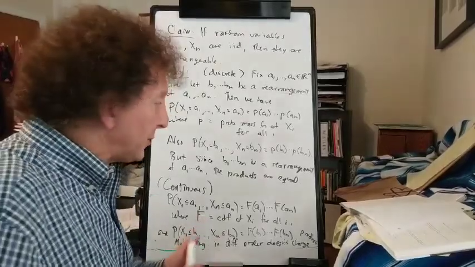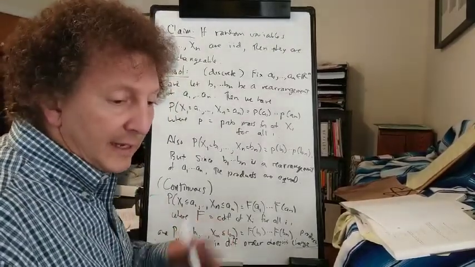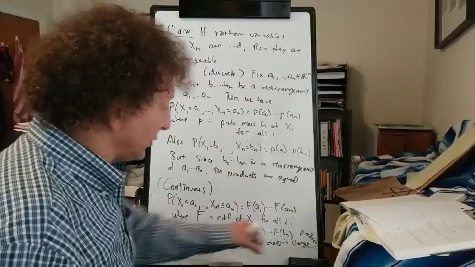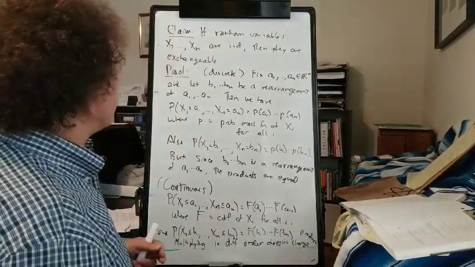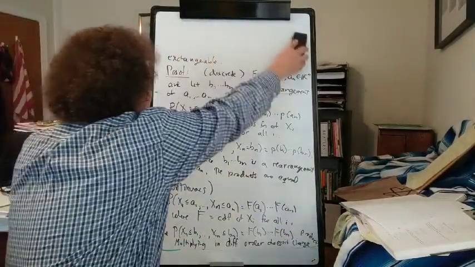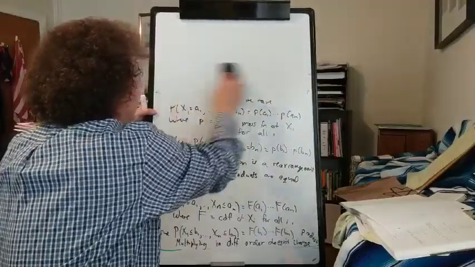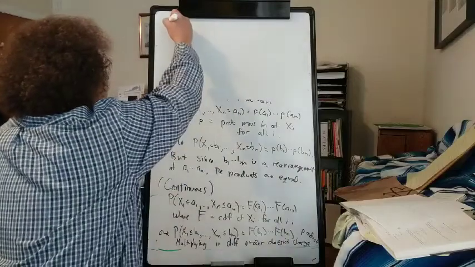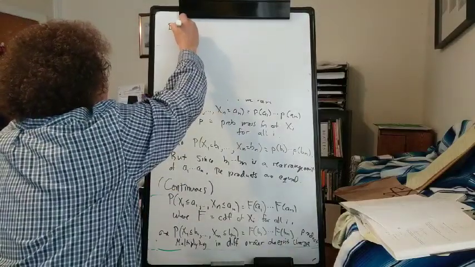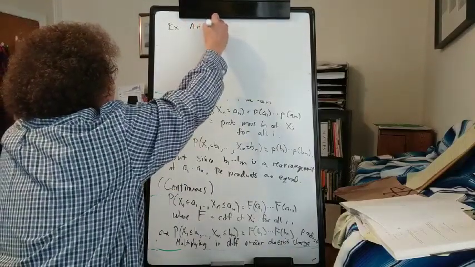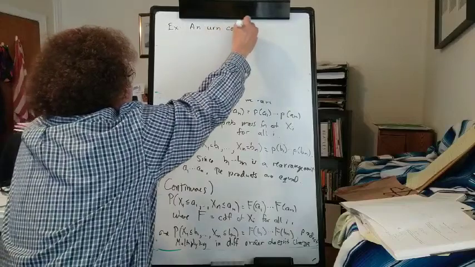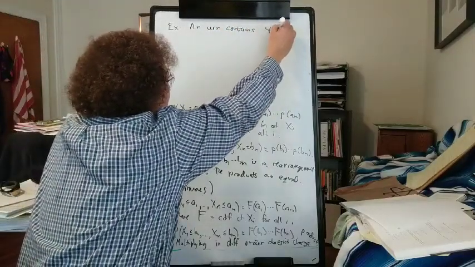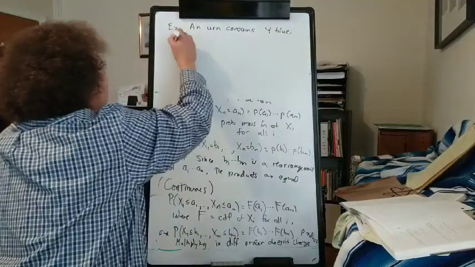Alright, now let's look at some simple experiments and analyze them for independence, identical distribution, and exchangeability. So let's say an urn contains 4 blue and 6 white marbles.